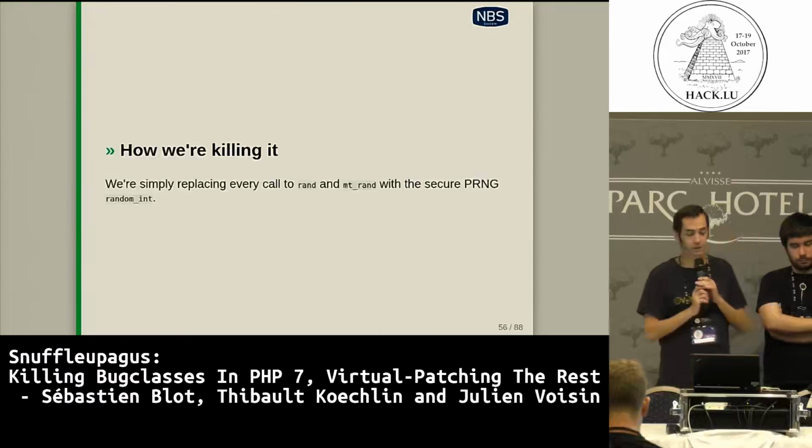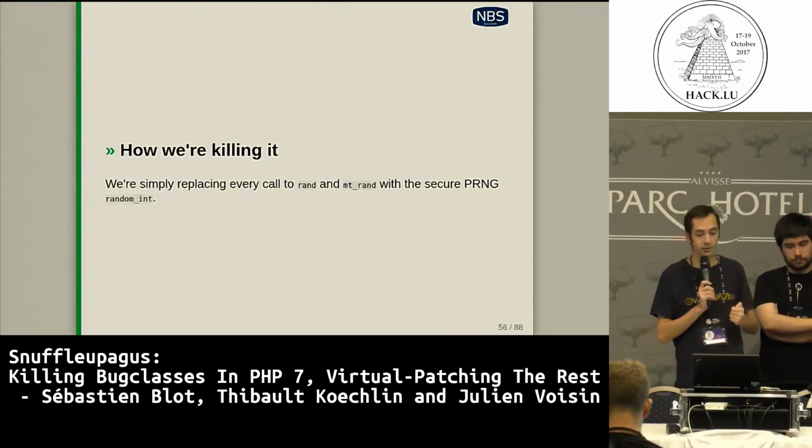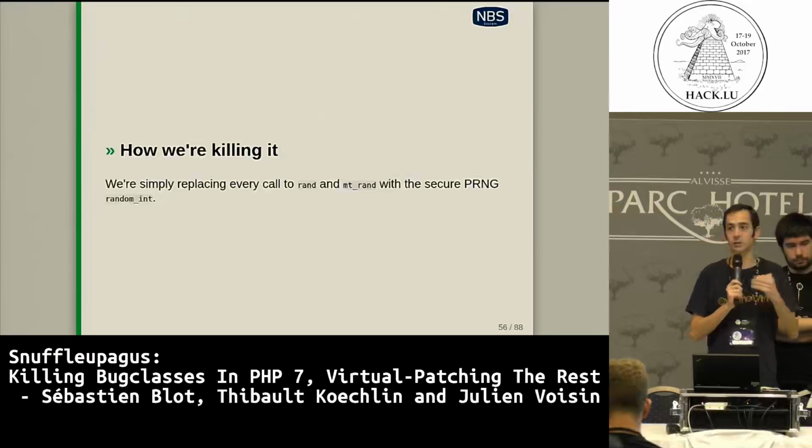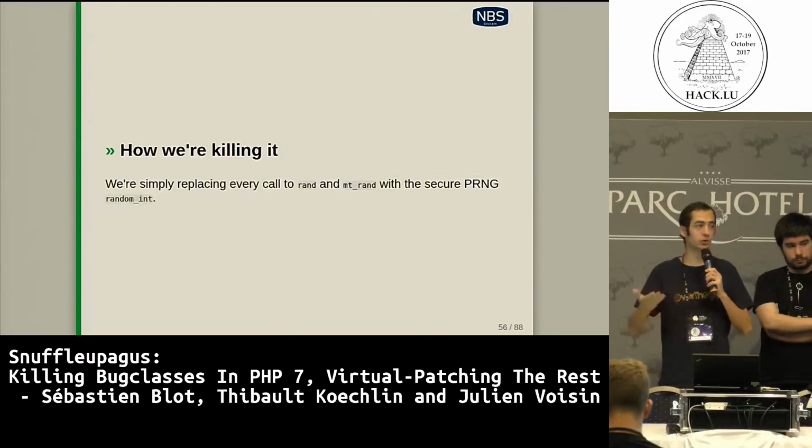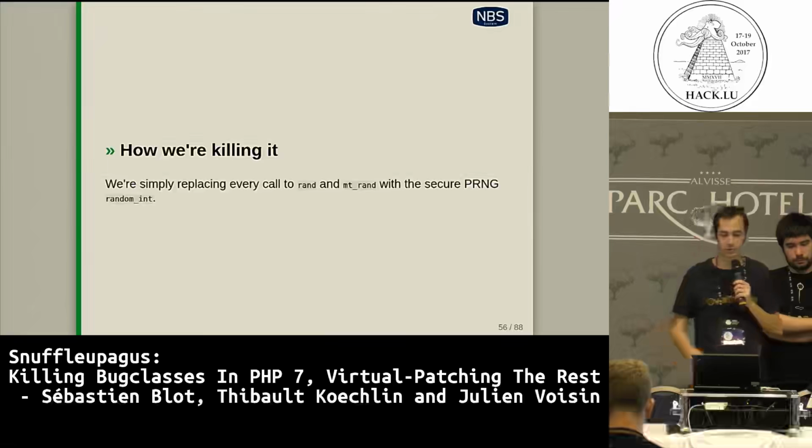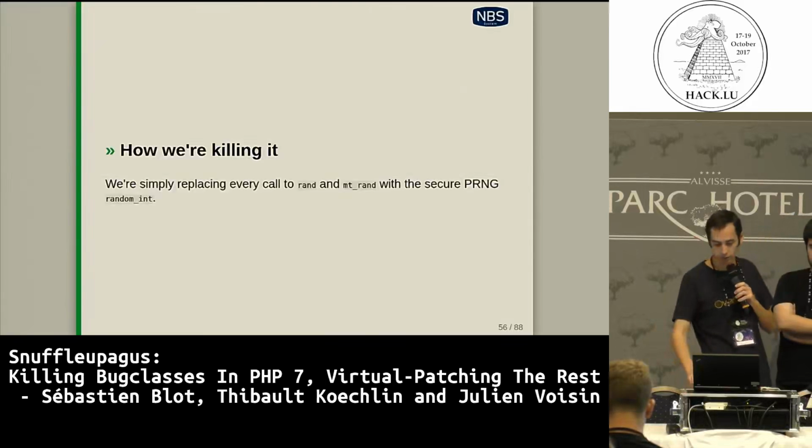How we are killing it is simply replacing rand by its more secure friends that are already present. So somehow just helping the PHP developer to do what the documentation says.